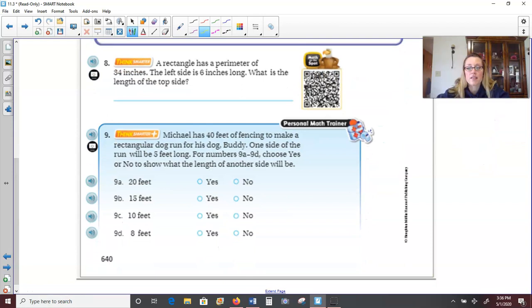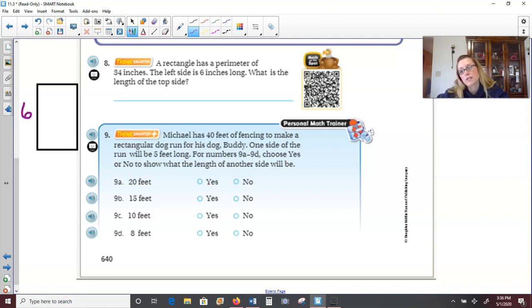Number 8, Think Smarter. It says a rectangle has a perimeter of 34 inches. The left side is 6 inches long. What is the length of the top side? All right, so we need a rectangle, and it says the left side is 6, and we need to know what the top is.